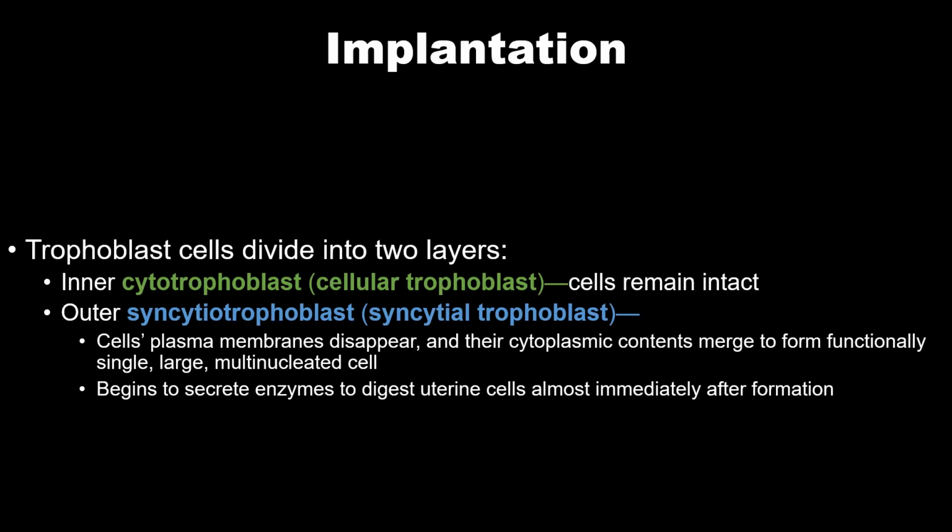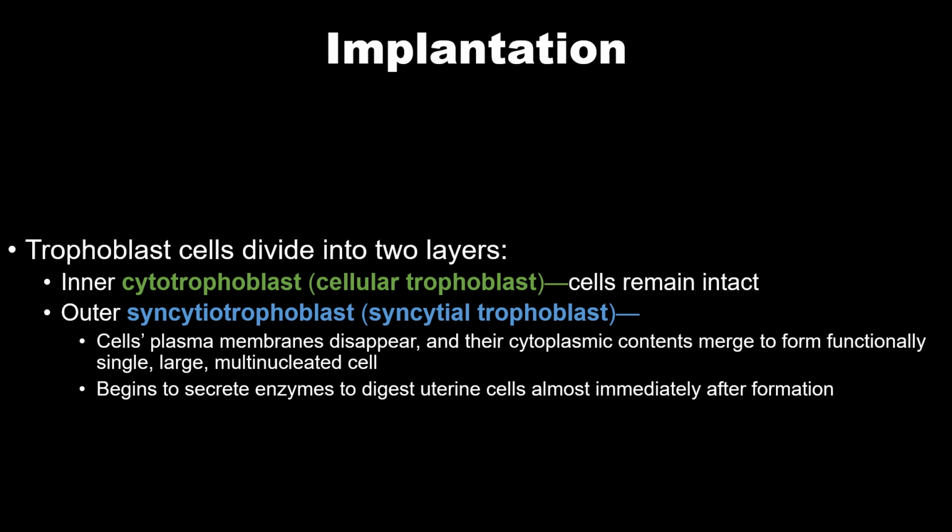Now here the trophoblast cells are going to divide into two layers. On the inside there's a cytotrophoblast, otherwise called a cellular trophoblast, and here's where the cells are going to remain intact. Then you also have an outer syncytiotrophoblast, where all of the cell's plasma membranes will disappear and their cytoplasmic contents merge.